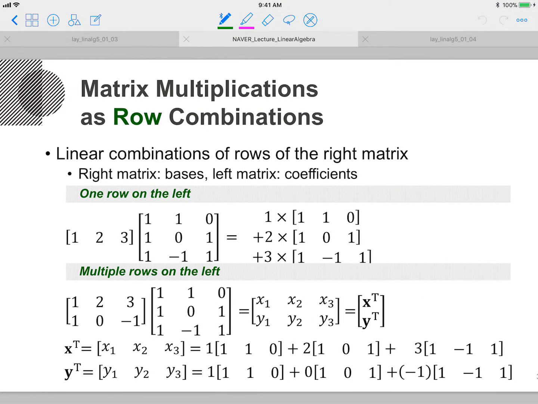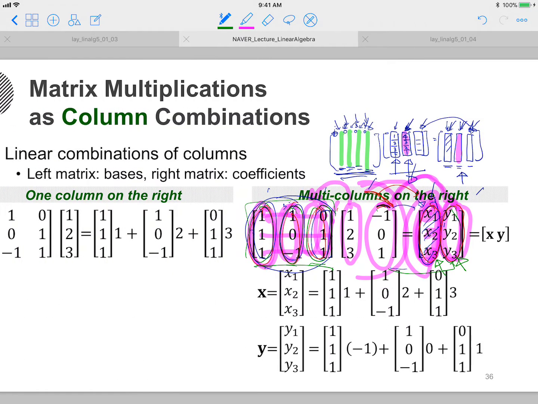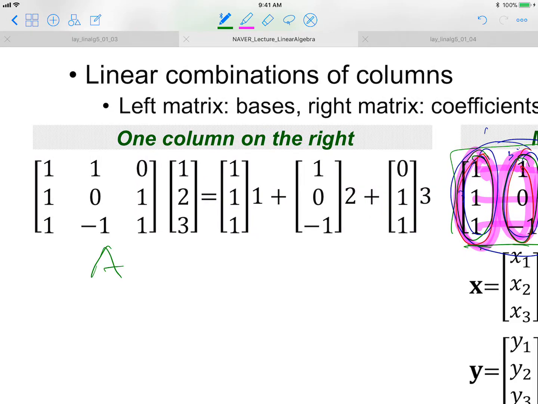Okay, and then we can view it as row combinations as well. Let's think about A times X, where this is a matrix and this is a vector. We can view it as X transpose, A transpose. Do you know what the transpose is? Did I explain it already? Take 1, 2, 3, 4.